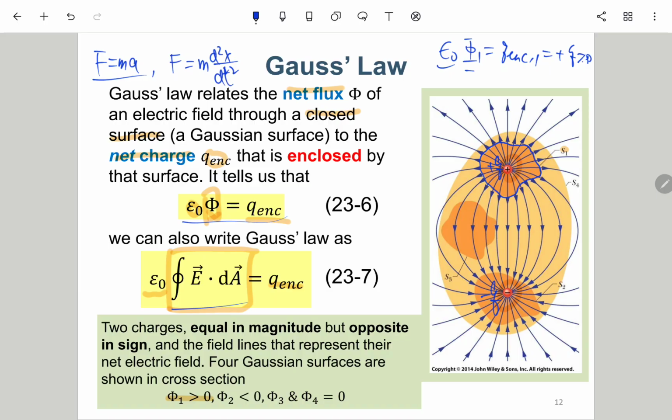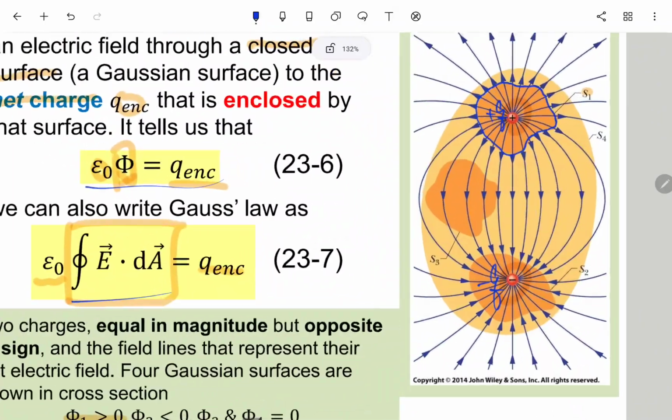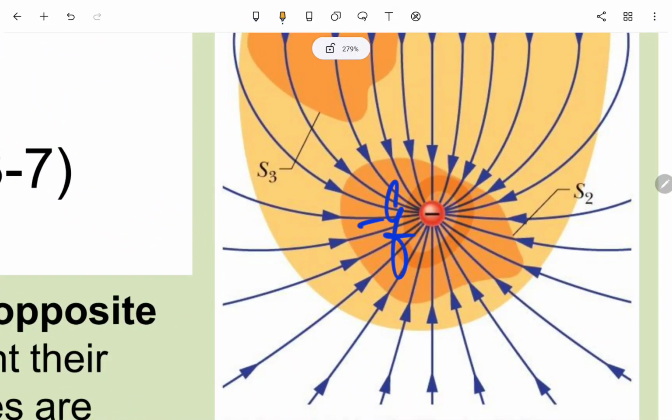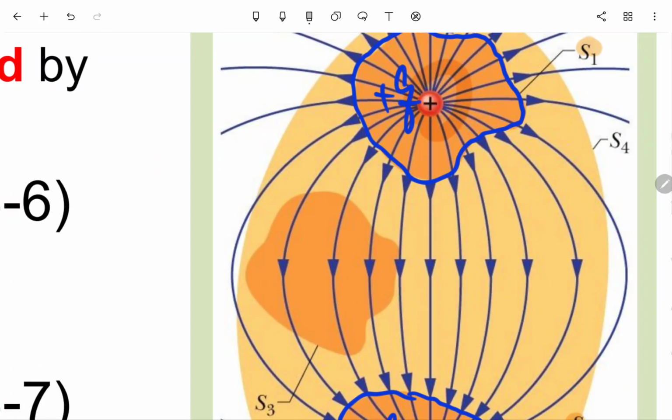Next, phi 2, of course referring to S2. S2 is at the bottom part, referring to this part. So S2 only encloses the negative Q, and the positive Q is outside of it.